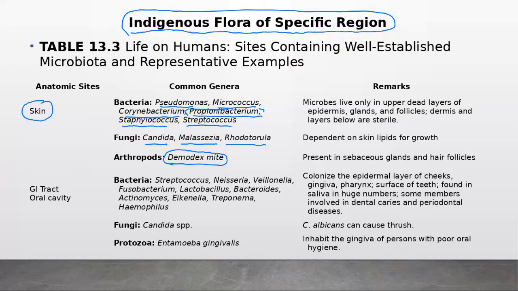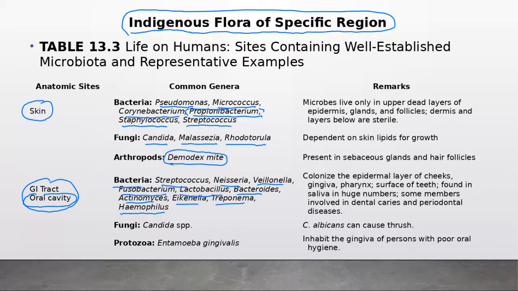And then for the GI tract, there are several locations. If it is the mouth or the oral cavity, the bacteria that live in this cavity are mostly Streptococcus, Neisseria, Veillonella, Fusobacterium, Lactobacillus, Bacteroides, Actinomyces, Eikenella, Treponema, and Haemophilus.